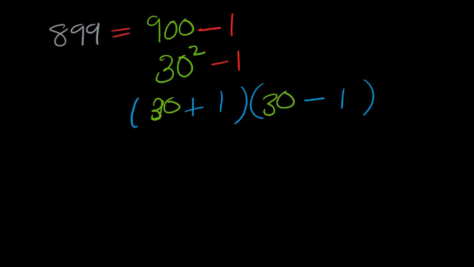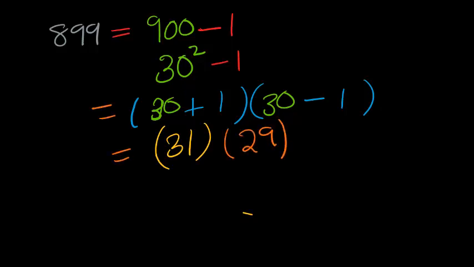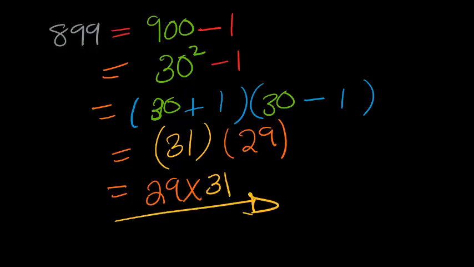Now let's simplify. Our first bracket, 30 plus 1 is 31, and our second bracket, 30 minus 1 is 29. Let's factorize. 31 is a prime number. 29 is a prime number. So my final answer is going to be 29 multiplied by 31. Those are my prime numbers.